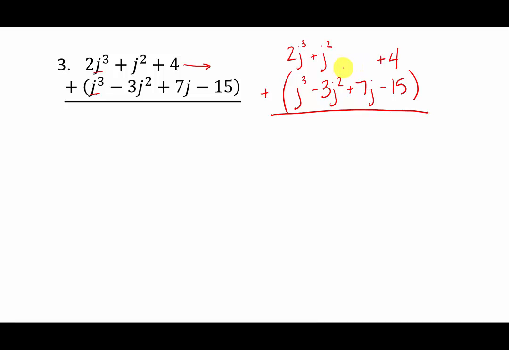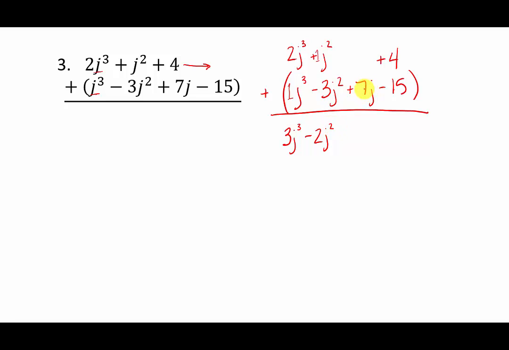Okay. Now there's this gap here over the 7. Okay, we're going to talk about it when we get there. Just leave it there though. And now you can just add straight down. So 2, we have this invisible 1 here. 2 plus 1 gives me 3j cubed. Again, the invisible 1. 1 plus negative 3, or 1 minus 3, is a minus 2j squared.